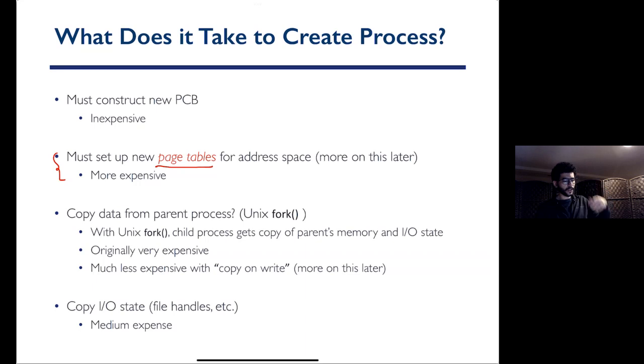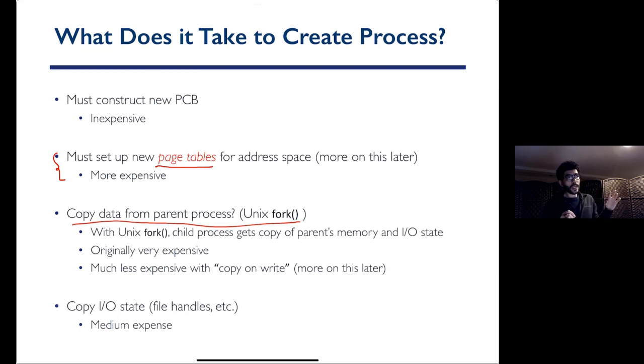Then, if you're forking your process, let's say you had a really big process with a lot of memory footprint, and this process called fork. One thing that you learned in ECE 252 is that when you fork, you create a copy of the same process.